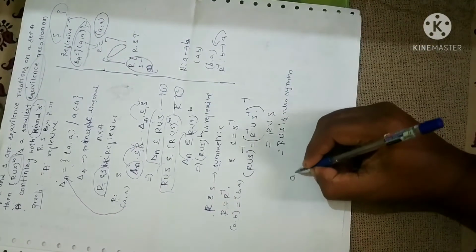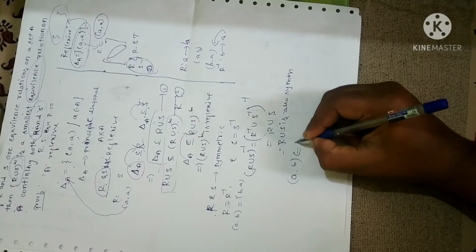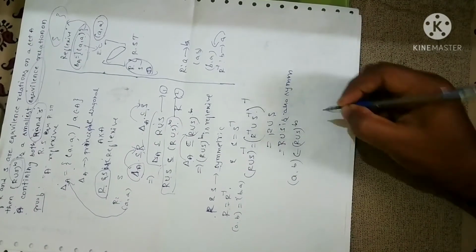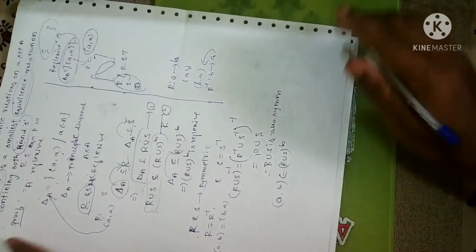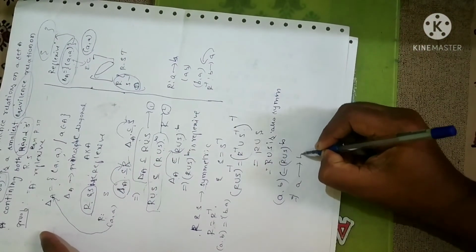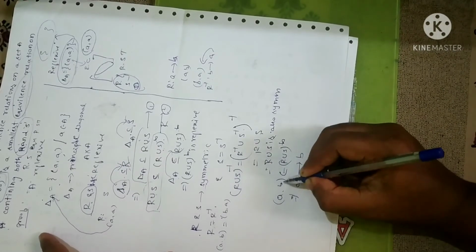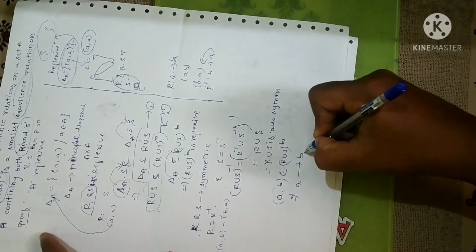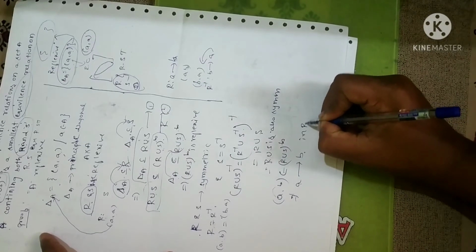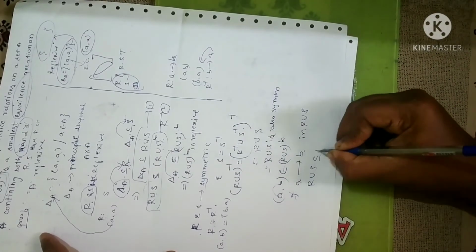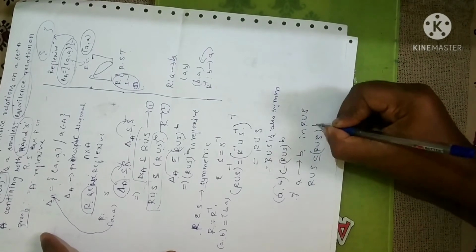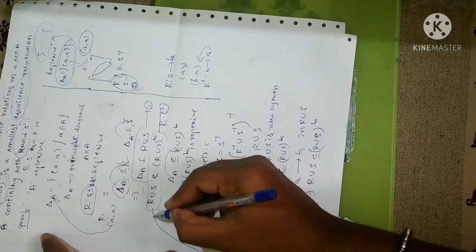Meaning, suppose an ordered pair AB belongs to the infinite connectivity relation, that is R union S infinity, then there will be a path from A to B. The meaning of ordered pair AB is that there exists a path from A to B in R union S. And we already proved that R union S is a subset of R union S infinity, from the definition of connectivity relation, which I have used here also.